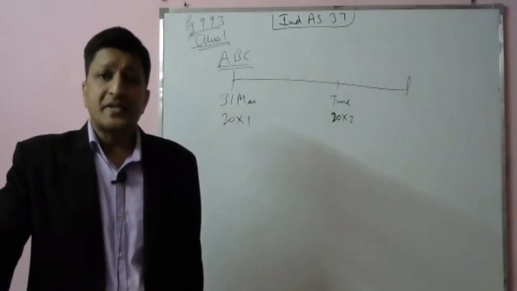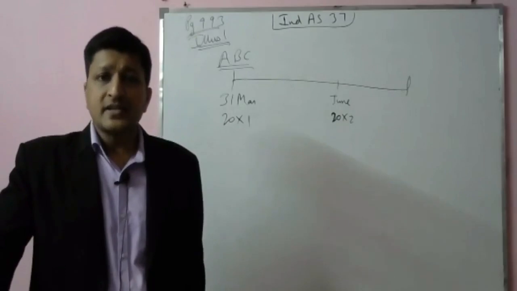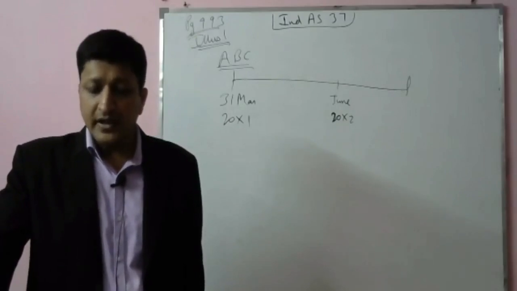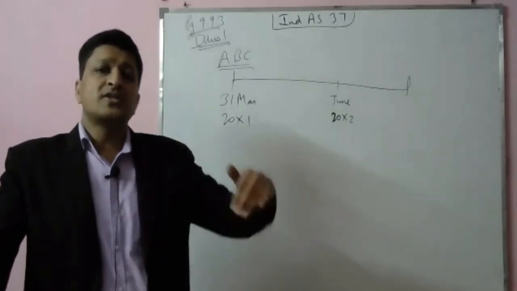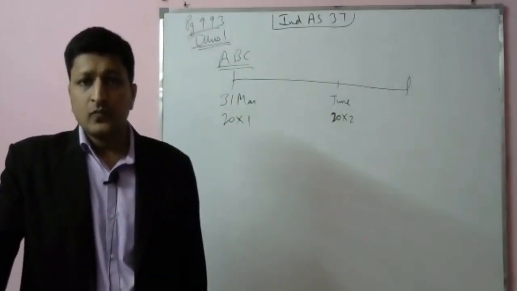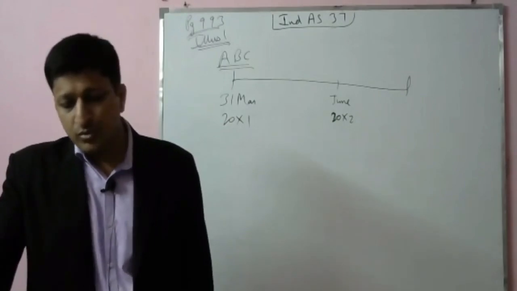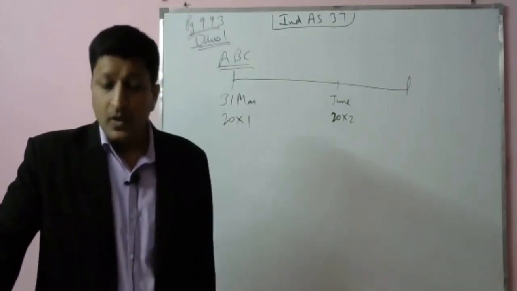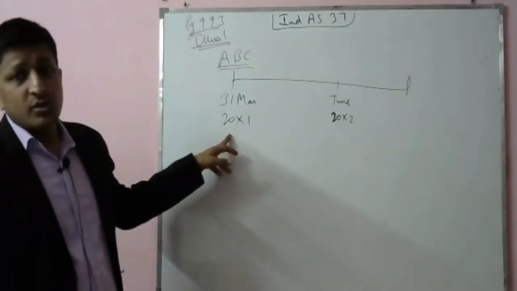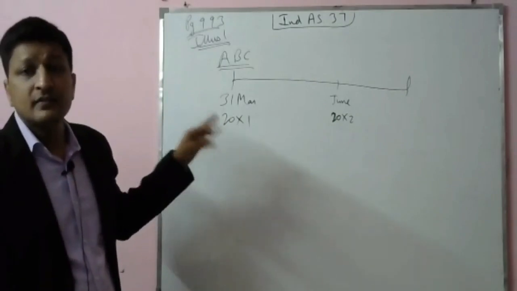There is no present obligation arising as a result of past event. Why? Because it's a future delivery. It's a delivery which has to take place in future, in June 2002. As on 31st March 2001, do we see any delay? No.